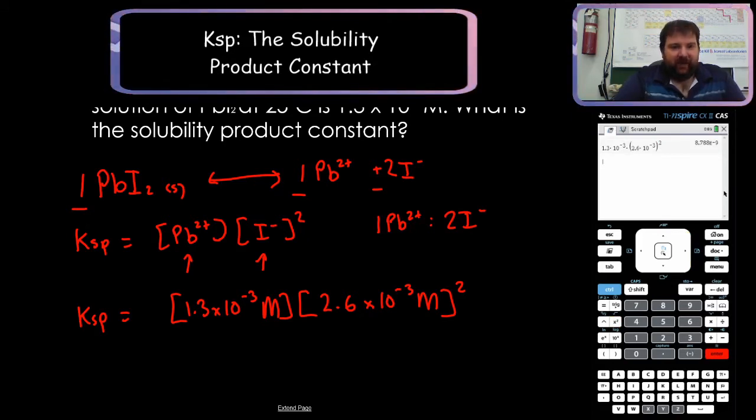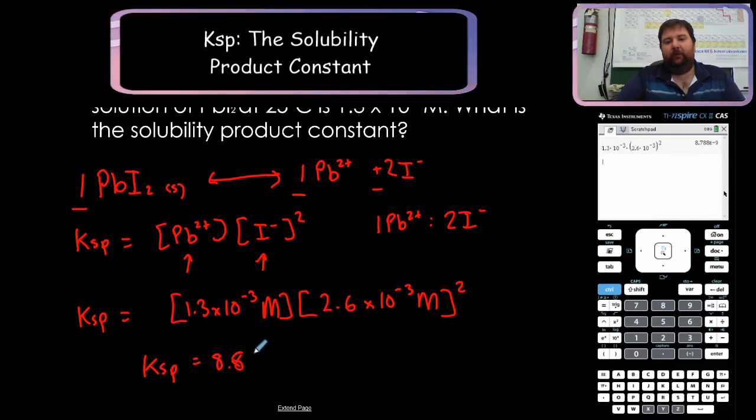And we get this. Remember, we only want 2 sig figs here, so 8.8 times 10 to the negative 9. So our Ksp value is going to be 8.8 times 10 to the negative 9, and we are going to be done with that one.